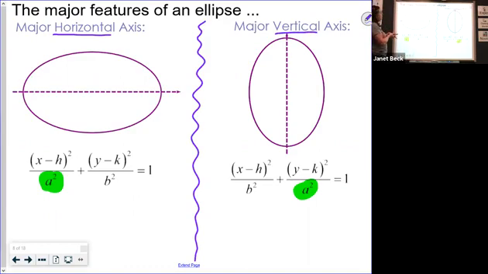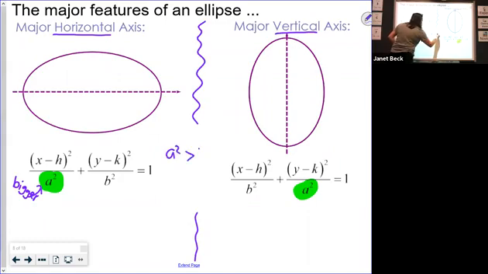So first of all, how would we know it was horizontal? How would we know it was vertical? Because you're just going to get an equation like this with numbers in it. It's not going to tell you this one's A squared, this one's B squared. How you can tell is where the bigger number is. A squared will be bigger than B squared. That tells you which of your denominators is your A squared.